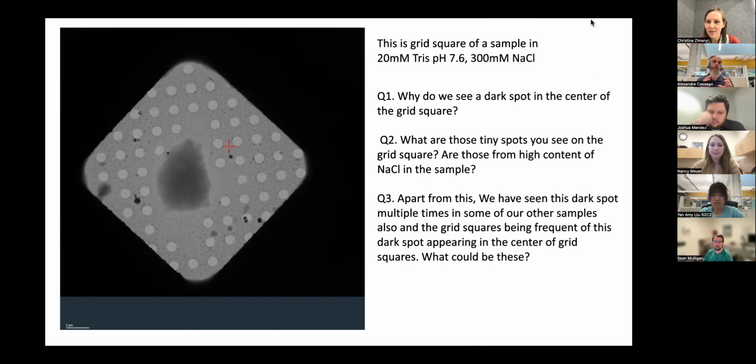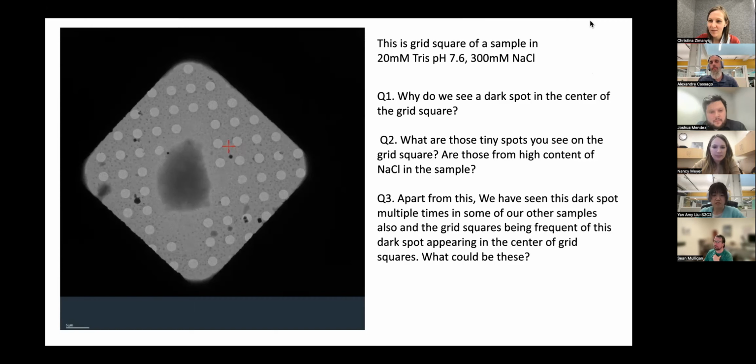Every time we have thicker ice in the center of the squares, and not the opposite, which would be much more normal, thicker at the edges and thinner in the center, it's a glow discharge parameter that we can change and work with to try to improve. We cannot guarantee it, but sometimes the glow discharge changes make for much better results.